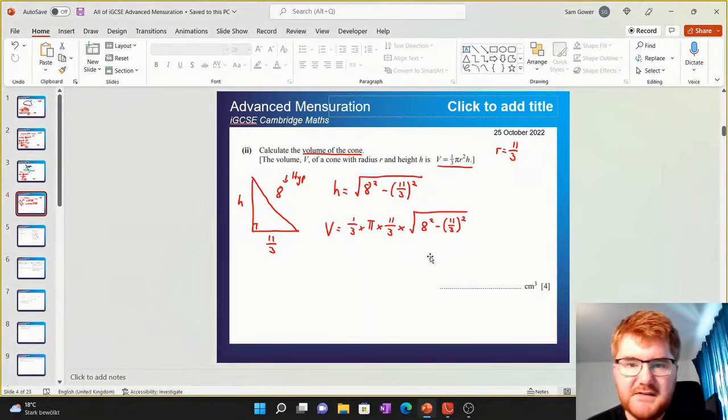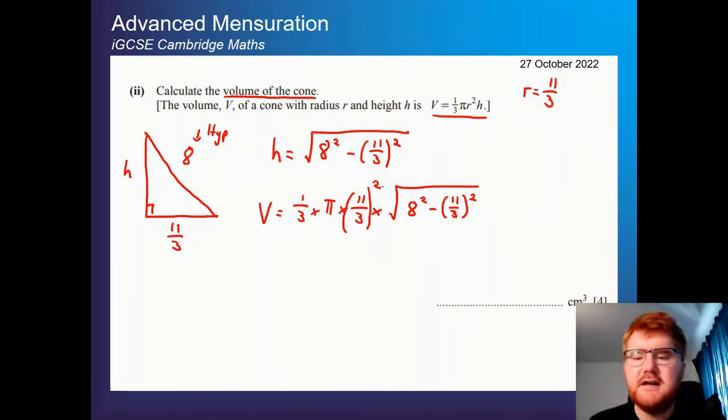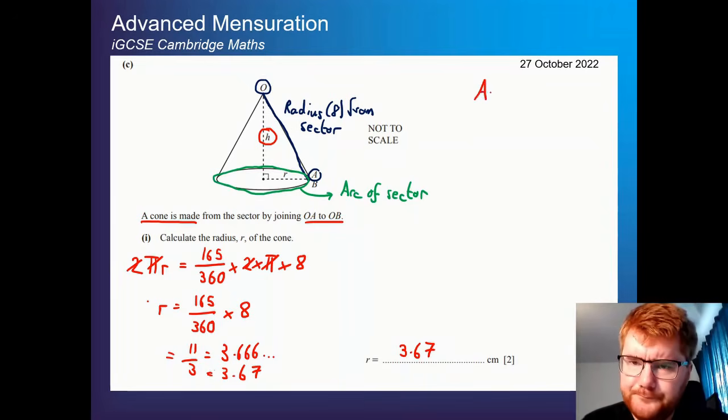Now, if this happens in the exam and you get the incorrect answer, then you have to go back and go, okay, what mistake did I make here? Well, I forgot to square the 11 over 3. So one thing to do here is actually check the estimating part of this. If you imagine you take the area of the base, which if we approximate this, if we know that 3.67, again, area is pi r squared.